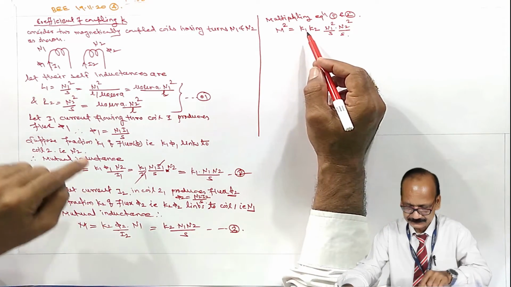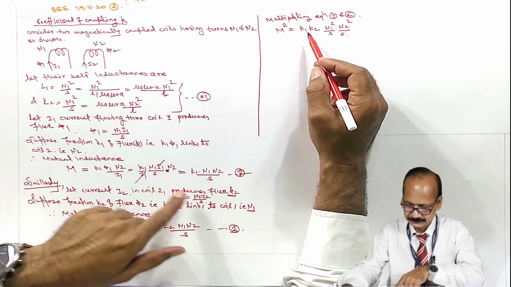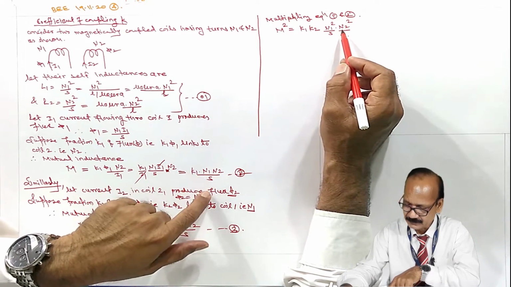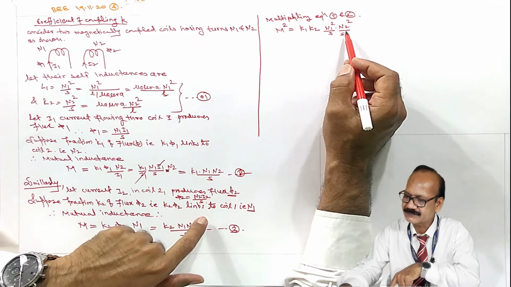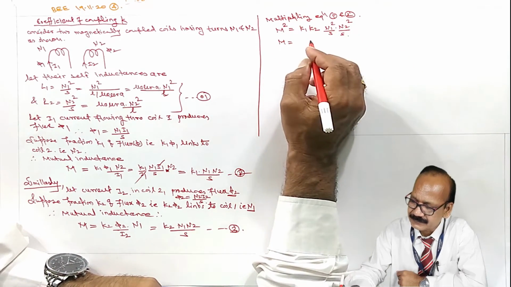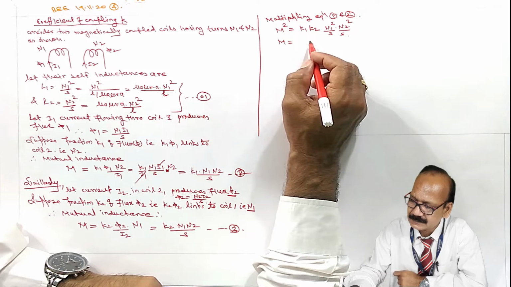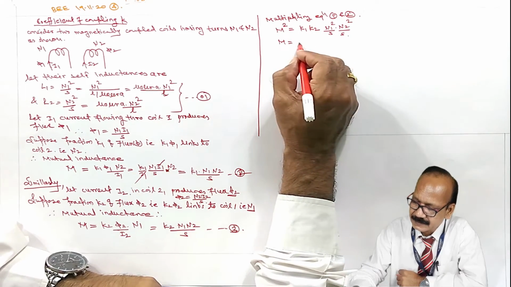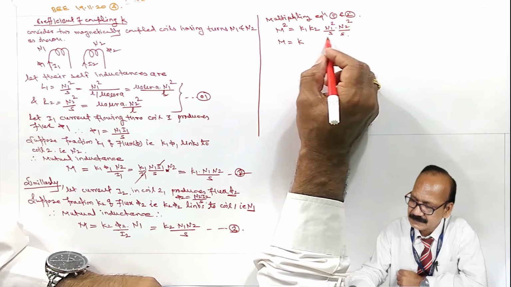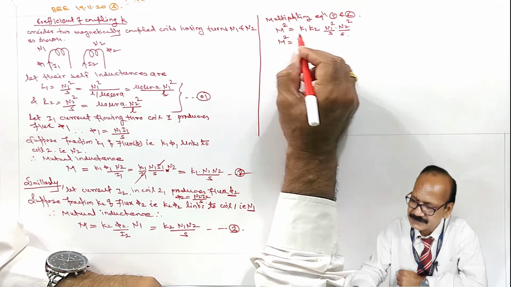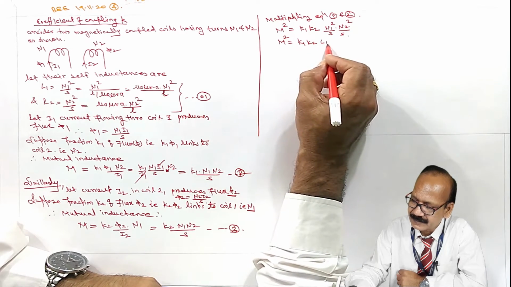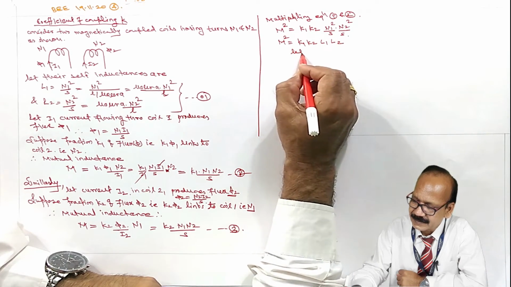So K1 N1 N2 upon S, K2 N1 N2 upon S, or M square equal to K1 K2 L1 L2.